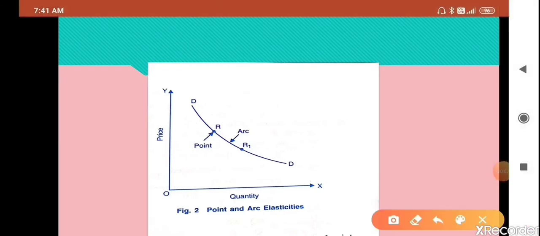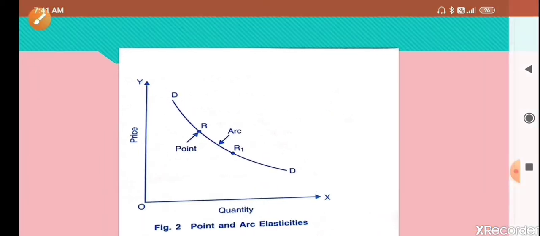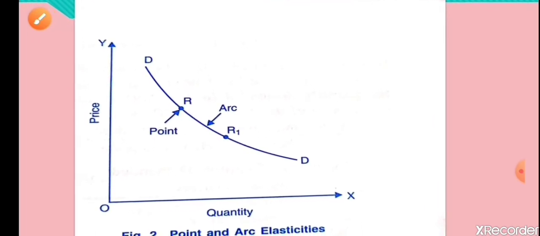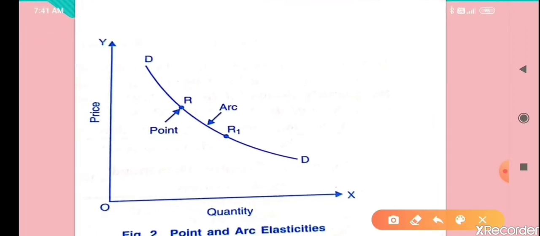The next one is the arc method, or arc elasticity. We can simply calculate the elasticity between these 2 points. We can take an example: we have taken point R and point R1.